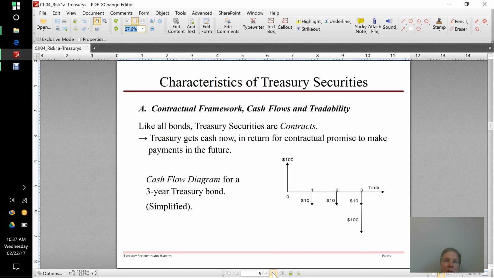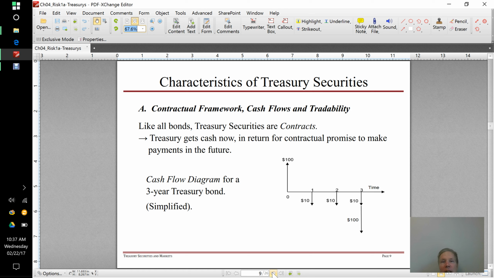Okay, so let's just make sure we're all on the same page with what Treasury securities are. Treasury securities, notes or bonds, are a contractual framework, and we need to think about their cash flows and their tradability. In terms of cash flow, as you can see on the cash flow diagram, it works just like any other bond contract.